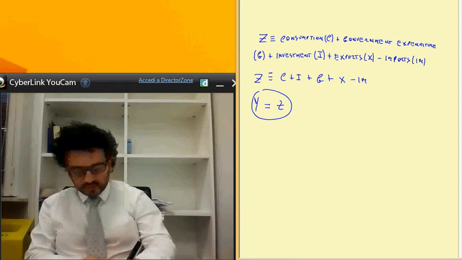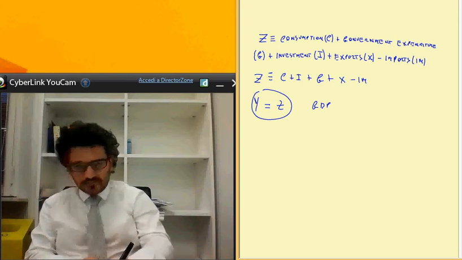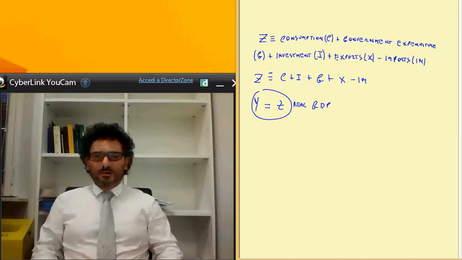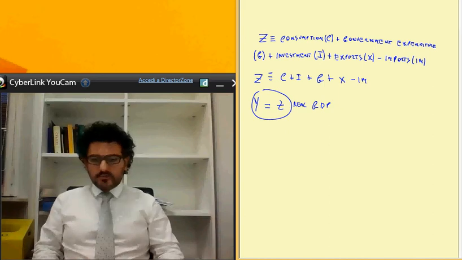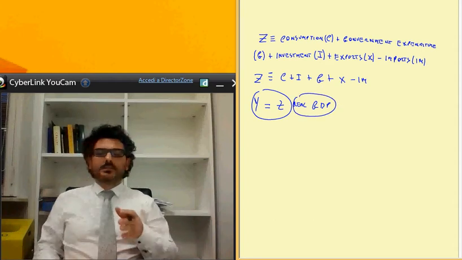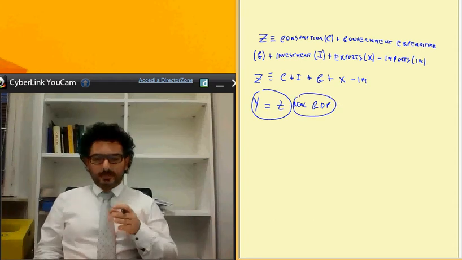So the equilibrium condition can also be written in terms of GDP, gross domestic product, but we refer here to real GDP in this course. Before we introduce price variability, we consider real GDP, so expressed using prices of a given base year.